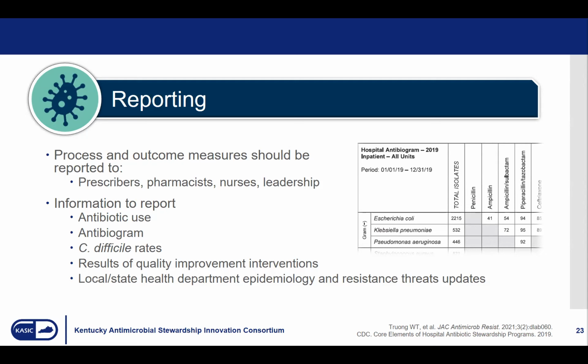And it can also be somewhat of a report card for a stewardship program. And then C. difficile rates should be reported, as well as results of quality improvement interventions, and local and state health department epidemiology and resistance threat updates should be disseminated since they may impact patient care.